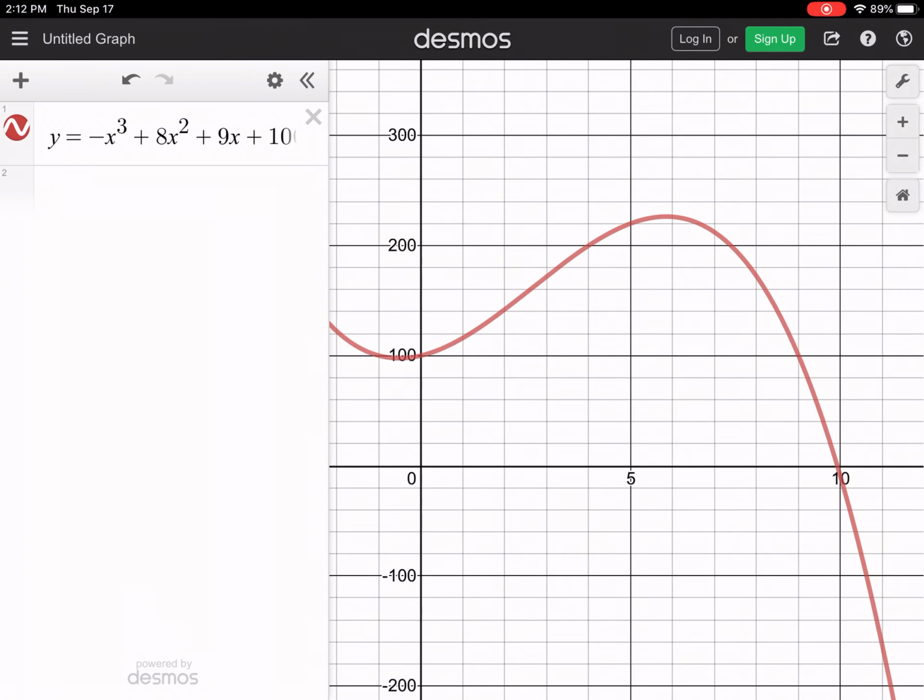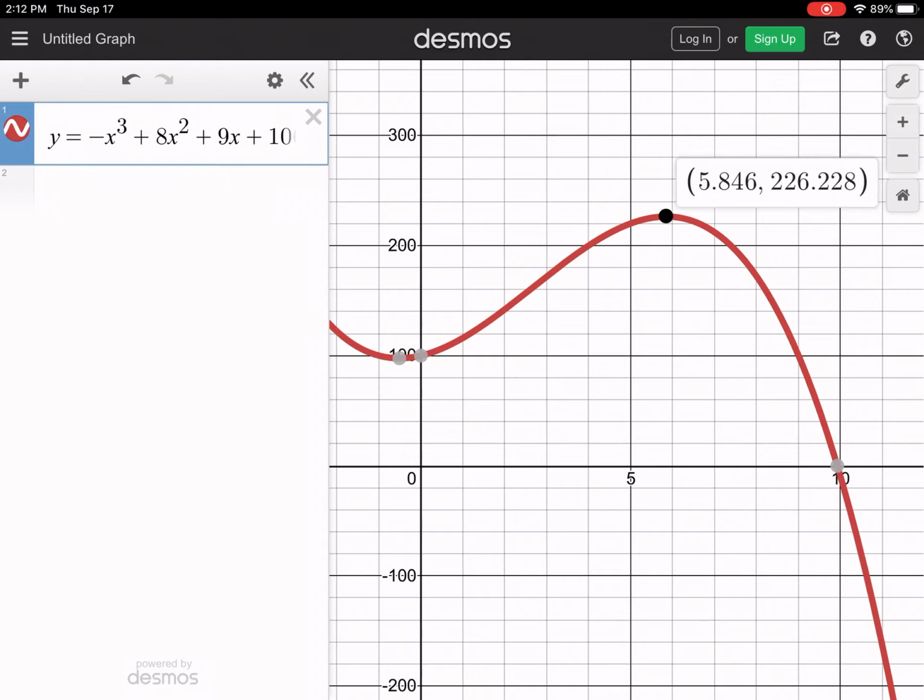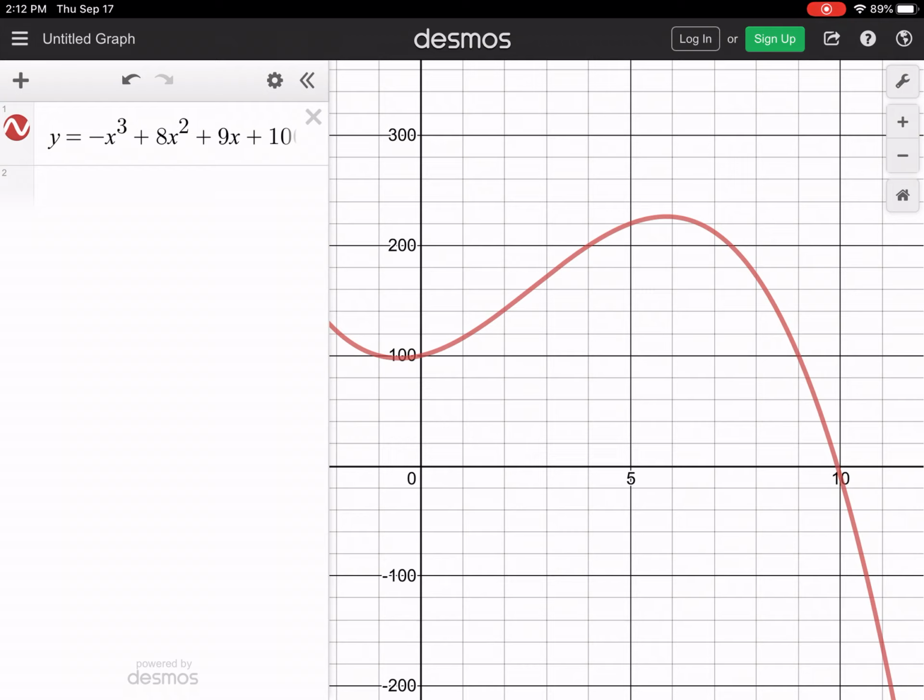Now this time we want to know when it's at 172 on the scale. So we can see that the highest it goes to is 226. We want 172. So that's somewhere around here.